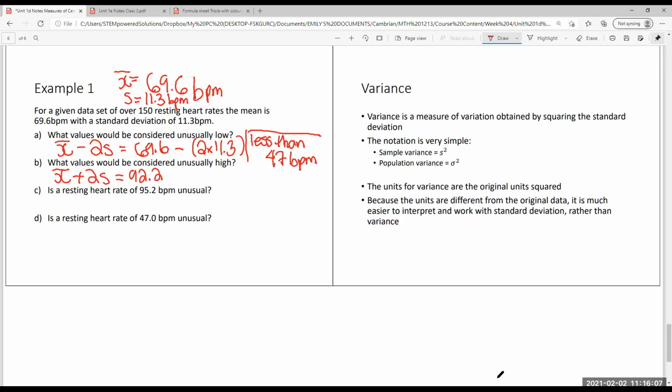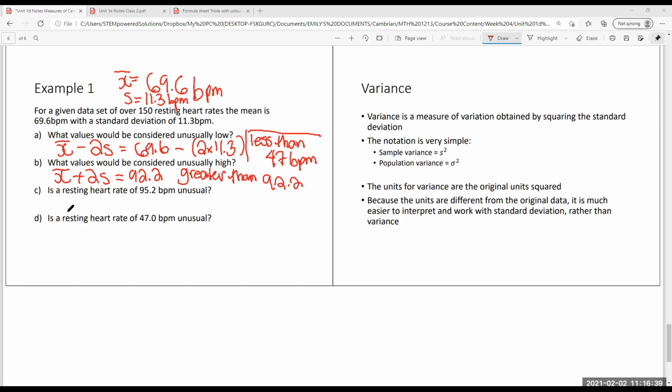Sorry, so you said it was equal to 92.2. So let me just check here. Plus 69.6 equals 92.2. So it's anything equal to or greater than 92.2. Okay, thank you. Yeah, anything over 92.2.